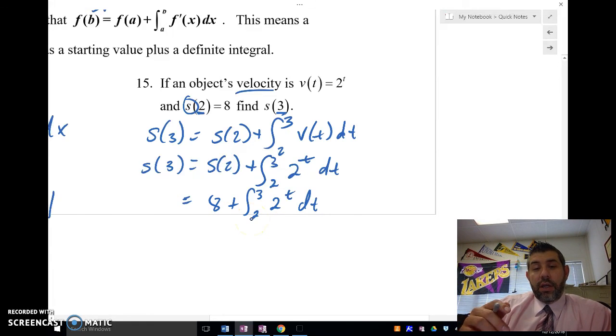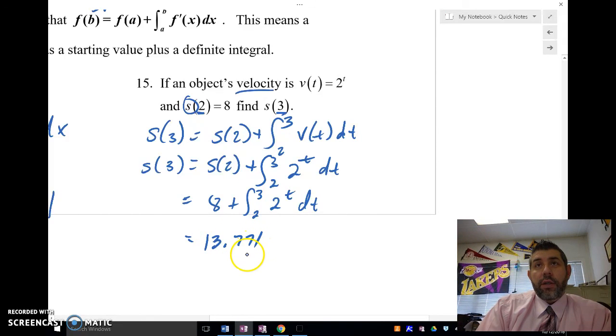So you do 8 plus the integral from 2 to 3 of 2 to the t dt. I went over how to do this in a calculator in video 4-A. The calculator is going to give us something like 13.771, and that'll be our answer.